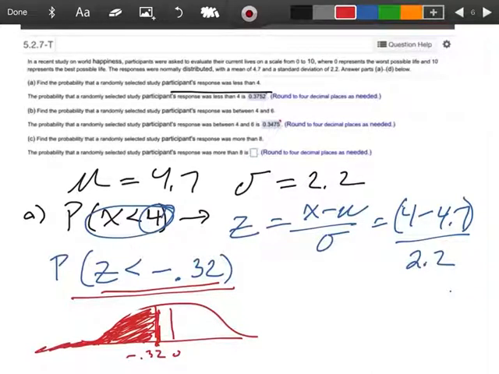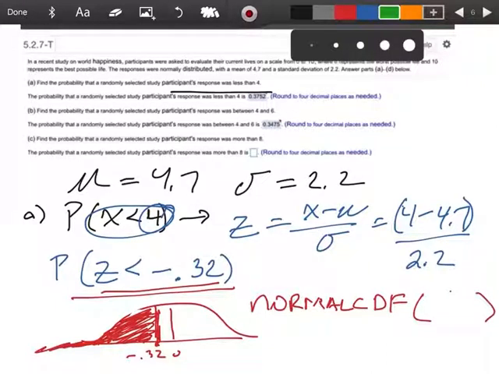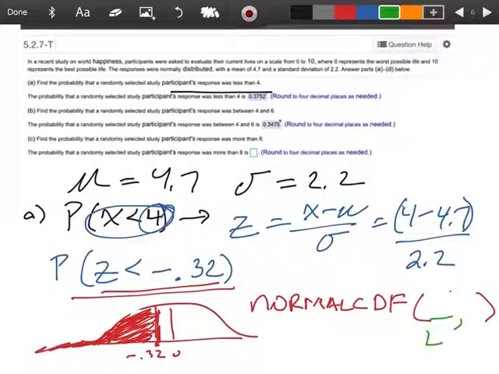So the way I find the area to my left on my calculator, I'm going to use the normal CDF, okay? The normal CDF is going to have 2 values. The first one is going to be the lower value, and the second one is going to be the upper value, okay?